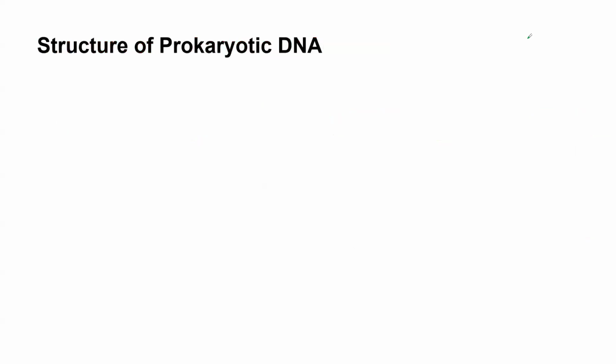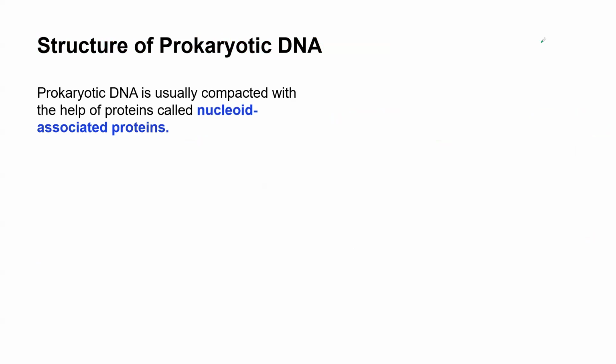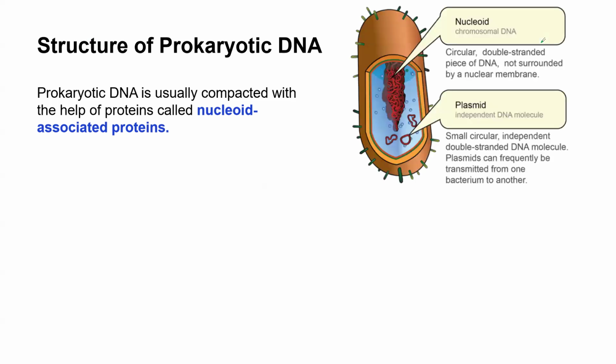And then the next thing is the structure of prokaryotic DNA. Prokaryotic DNA is usually compacted with the help of proteins. There are proteins which we call nucleoid associated proteins. They are the proteins that help to compact and organize prokaryotic DNA. Let's see it from here. You can see clearly here, this is the chromosomal DNA.